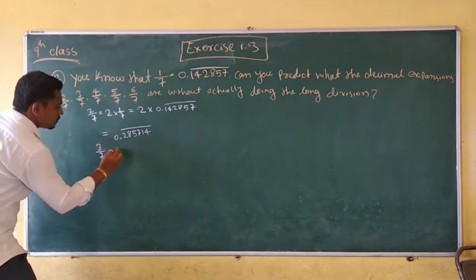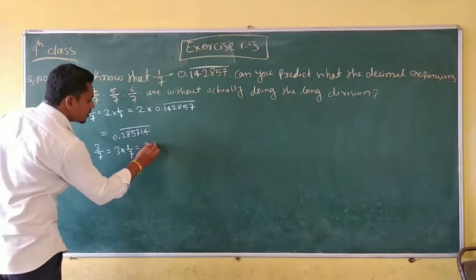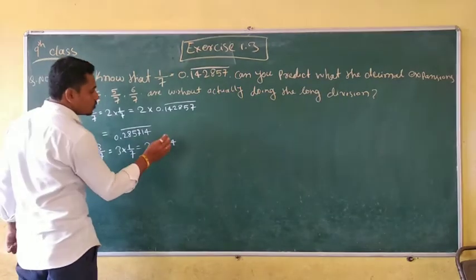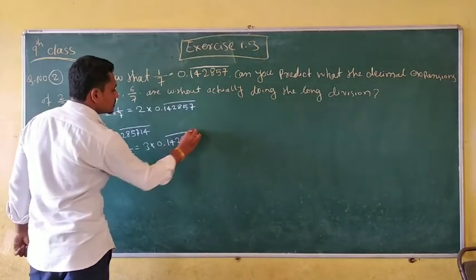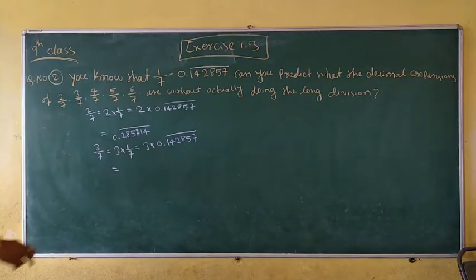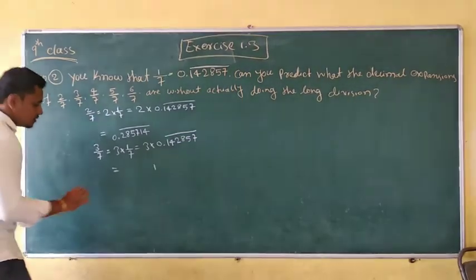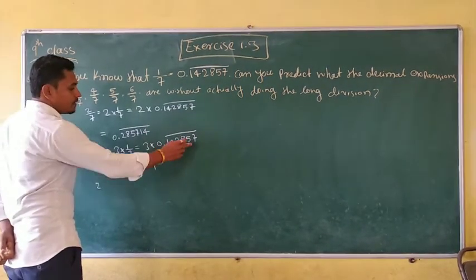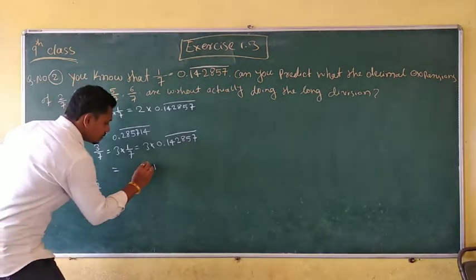Next, 3 by 7 is equal to 3 into 1 by 7, which is 3 into 0.142857 repeating. 3 sevens are 21. 1 is here, so 2 remaining. 3 fives are 15. 15 plus 2 is 17.